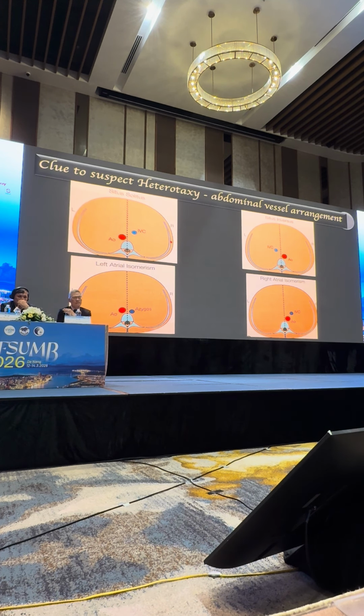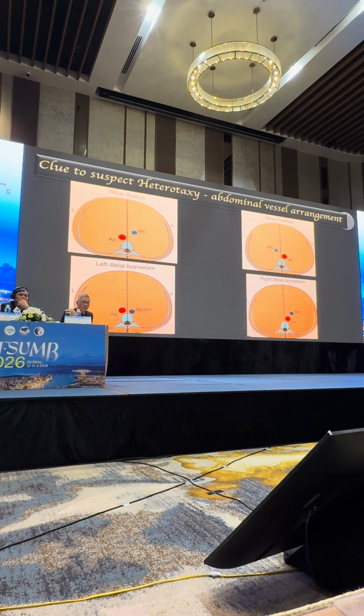But in a left atrial isomerism, there will be a juxtaposed or double barrel appearance, because the inferior vena cava is interrupted. The systemic venous drainage from the lower limbs is taken up by the azygos continuation. So you find 2 rounded structures adjacent on either side of the vertebral body, one being the aorta, the other being the azygos vein rather than the inferior vena cava, because the inferior vena cava is always to the right and anterior of the aorta.